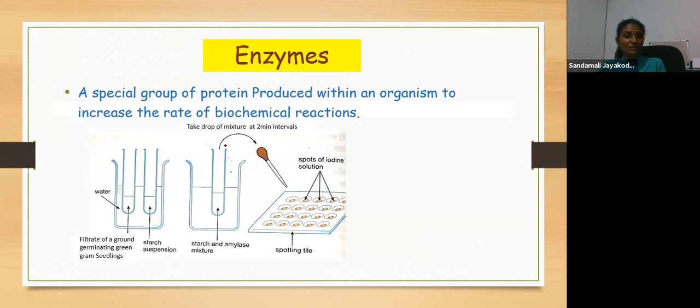And when we think about the synthesis of different molecules, it may be a DNA molecule, a nucleic acid molecule, which we will discuss later. To produce this nucleic acid molecule, or to produce different proteins like myosin and actin, there should be a special thing which increases their rate of reactions.